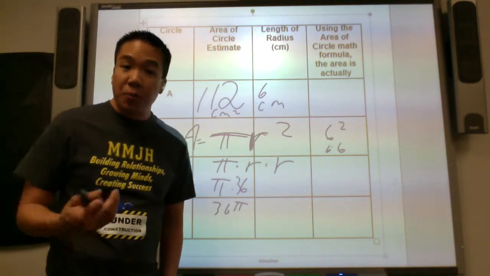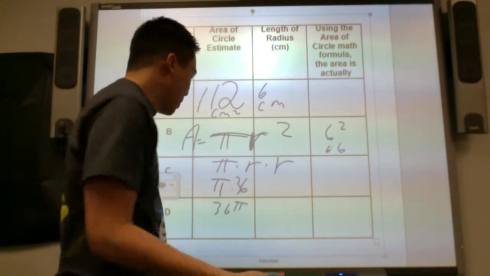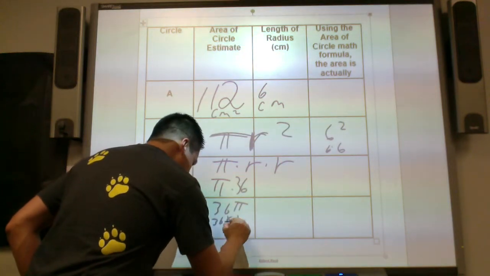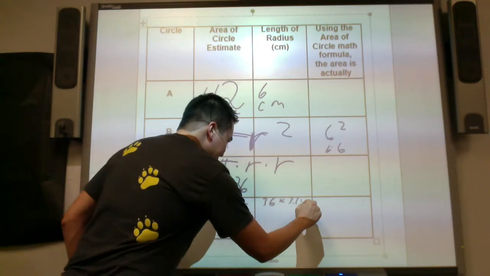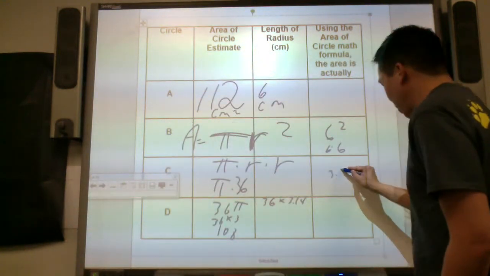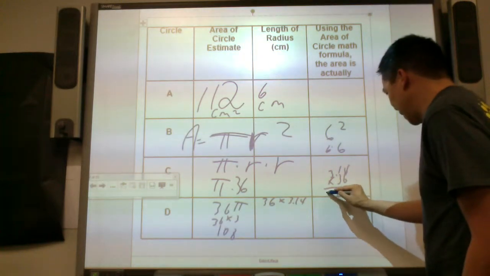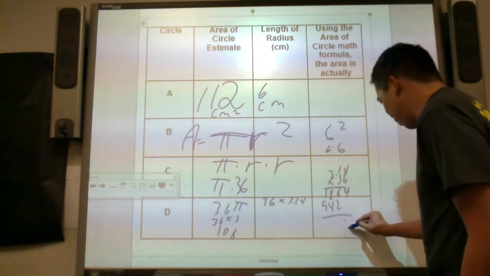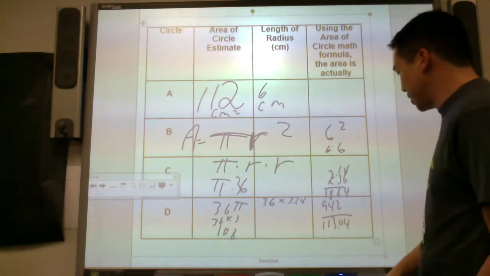Do we want to use pi as 3, or do we want to use the exact 3.14? If I decide to use pi of 3, 36 times 3 is 108. If I decide to use 3.14, then 3.14 times 36 is 113.04.